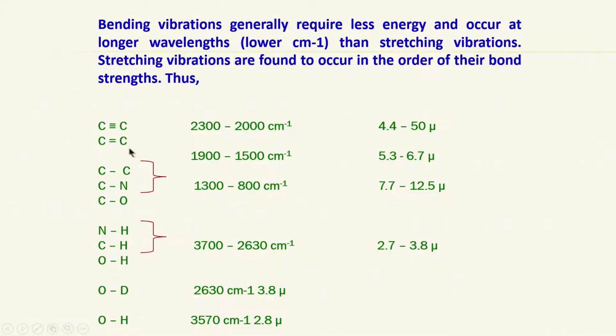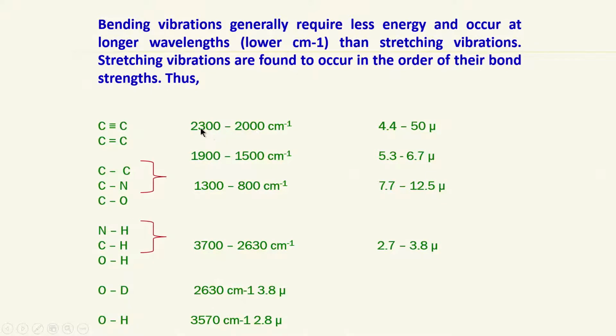Now, we will come back to this slide. Look at this slide. Here I have a carbon carbon triple bond and a carbon carbon double bond. In this carbon carbon triple bond, where do I have the infrared peak?